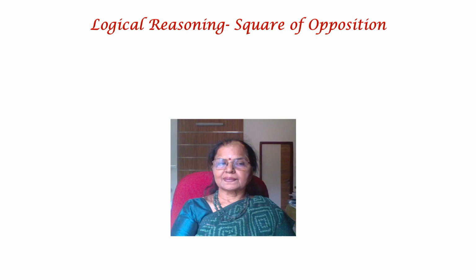Bottom is sub-contrary, and the two horizontal lines A, I and E, O are subalterns. So this you should never forget. Only then can you solve the problem or mug up the table. That way you can score marks easily in the problems given from square of opposition.